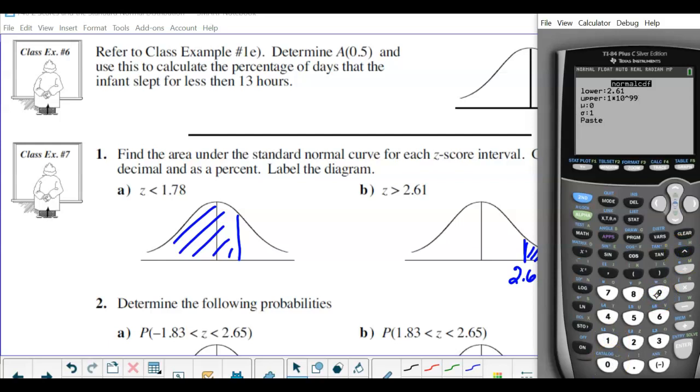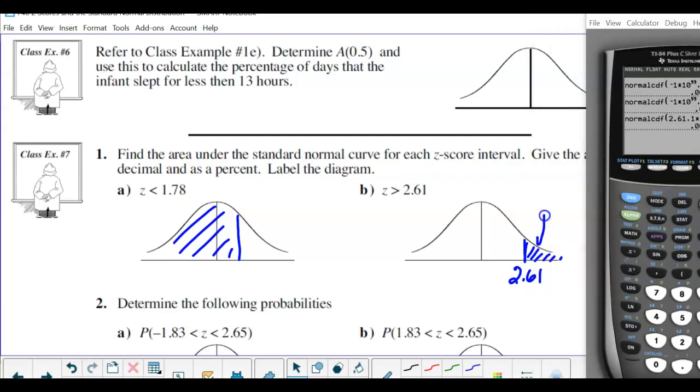Really it depends on the decimal places where it cuts off, but 10 to the 99 is the biggest possible value your calculator can handle, the closest to infinity that your calculator uses. In any case, this is your lower, and positive 1 E 99 is your higher. And that will be 0.0045.